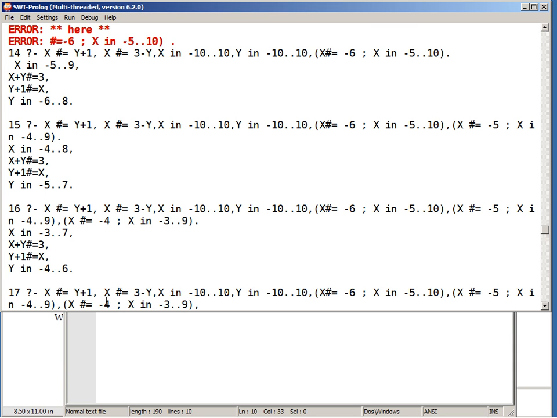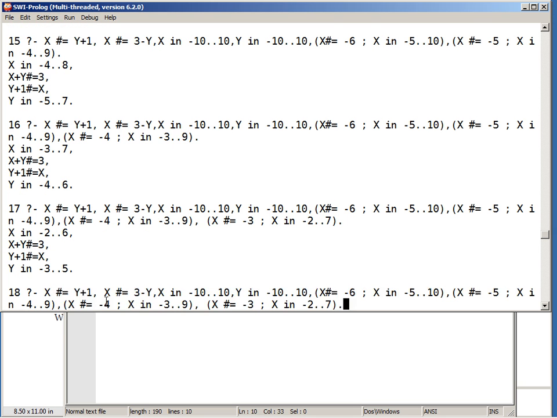So we can say x hash -3 or x in -2, 7, right? -2 to 6. So we get the x hash equals -2 or x hash equal -1 to 6.